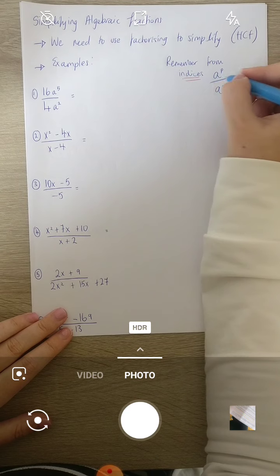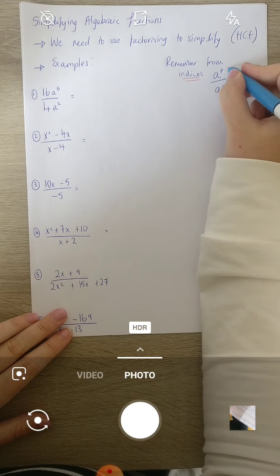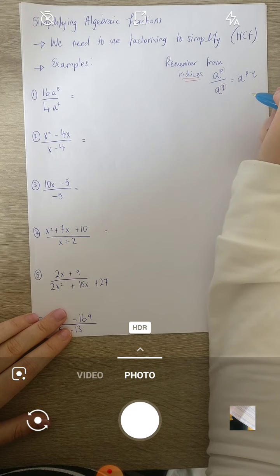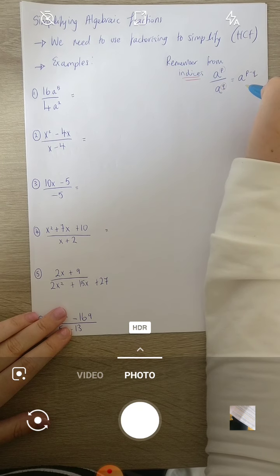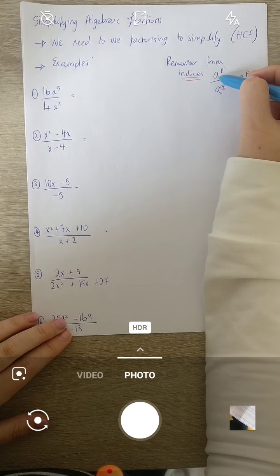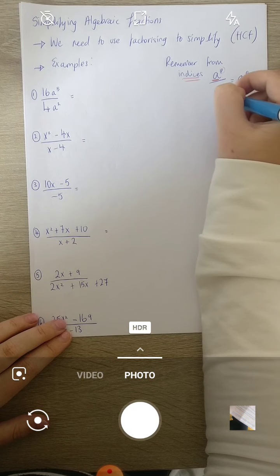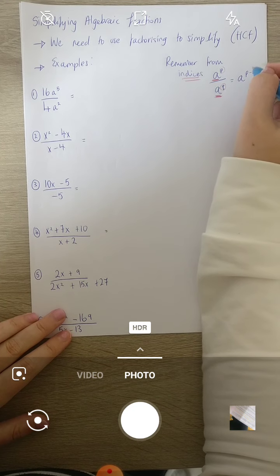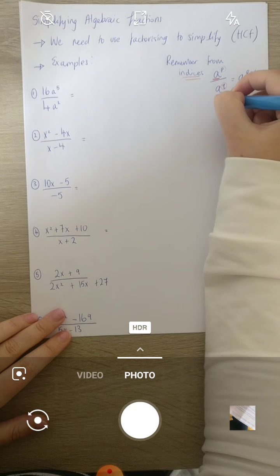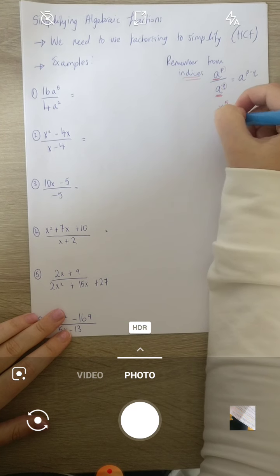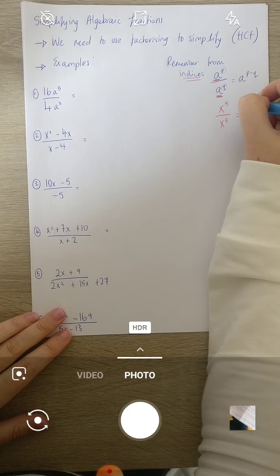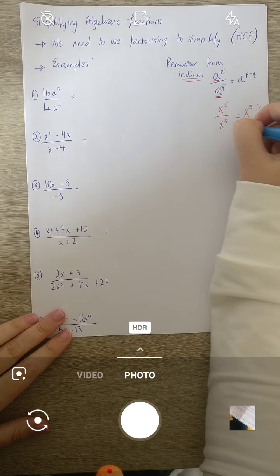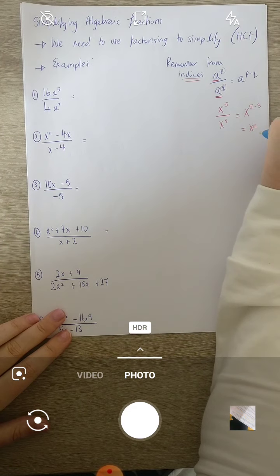But when we are dividing, remember indices is working with powers, or indexes. So we're working with powers here. So the same base, when we're dividing, we subtract the powers. So for example, if we've x to the power of 5 divided by x to the power of 3, it becomes x to the power of 5 minus 3, which is x squared.